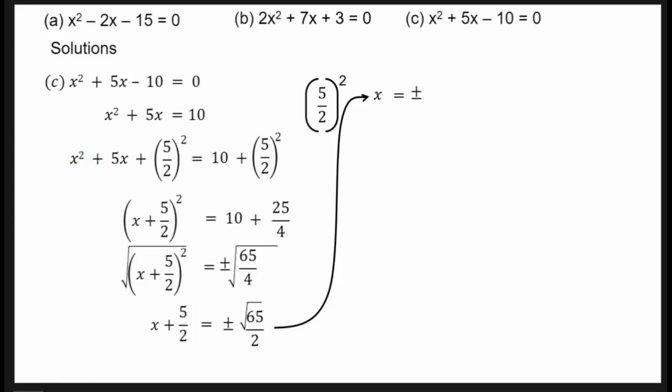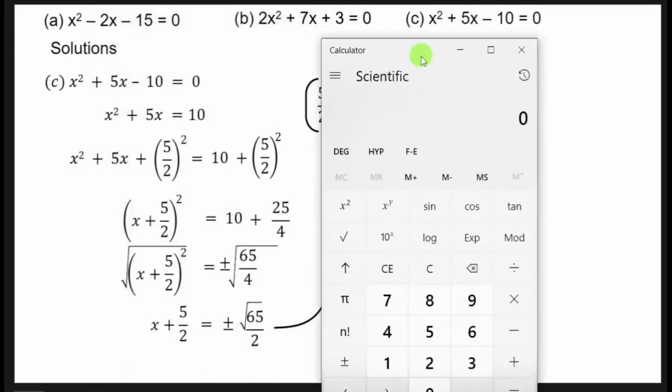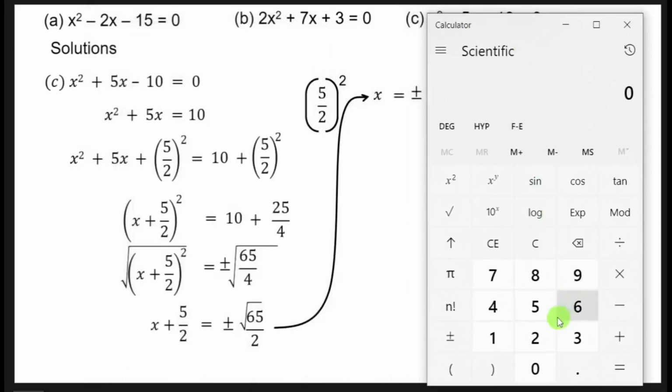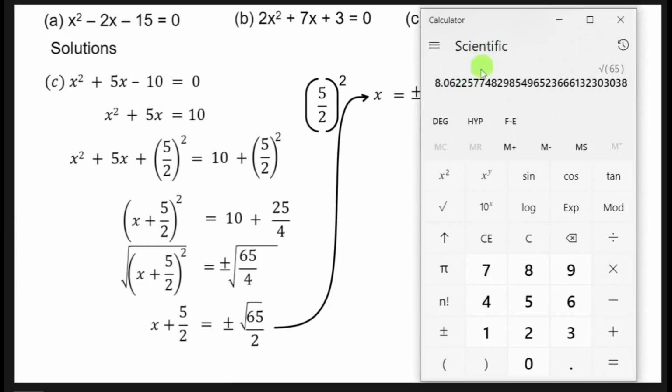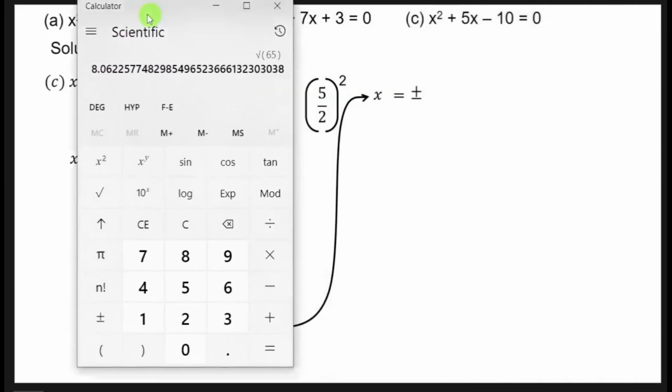Let me just get a calculator so that I show you how I will square root this one. So I'll get 65 square root, which will be 8.062. So for the sake of shortening the process, I will just end up to here 3 decimal point.